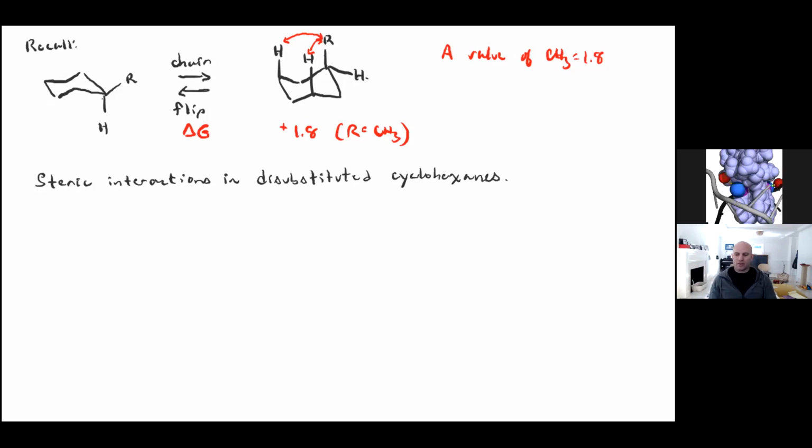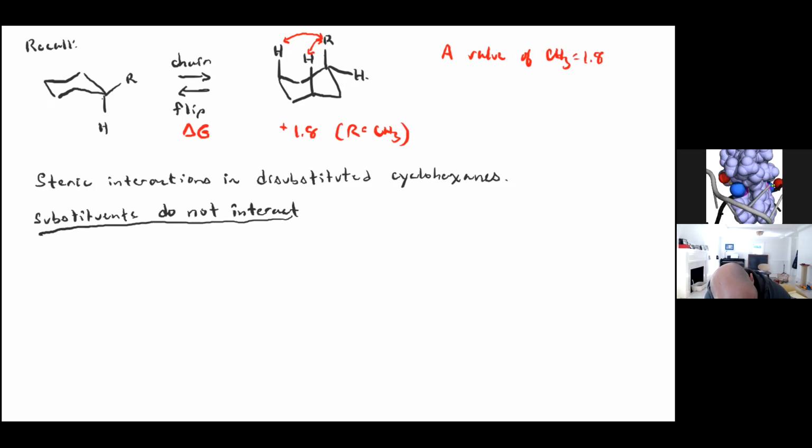So one is the case where the two groups do not interact, okay? And specifically, that's going to mean when they don't both occupy an axial position in one of the conformers. And so let's consider as an example 1,3-dimethylcyclohexane.